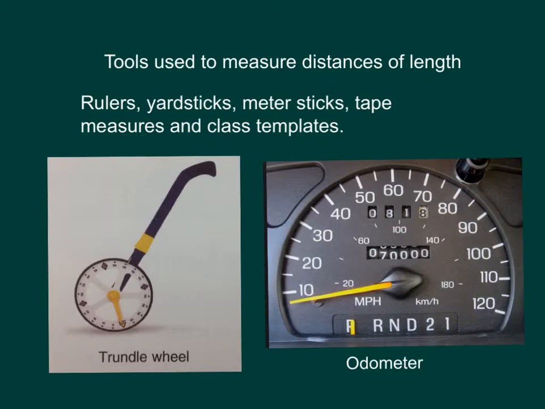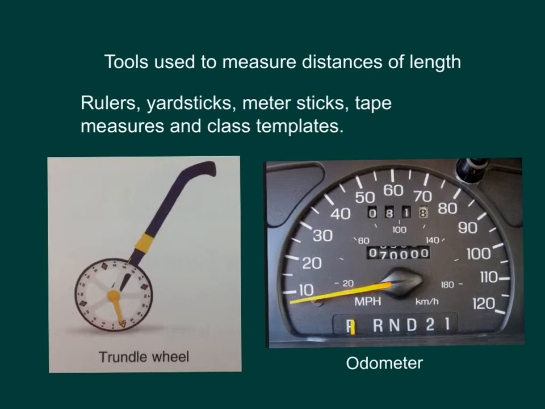Others that you might not have thought of are the trundle wheel, which Miss Fury uses to measure certain fields she wants for games and activities outside, and also the odometer in an automobile, which measures miles traveled. Sometimes it's also in kilometers. You also have a measurement of how fast you're going called miles per hour. That's a different type of measurement.